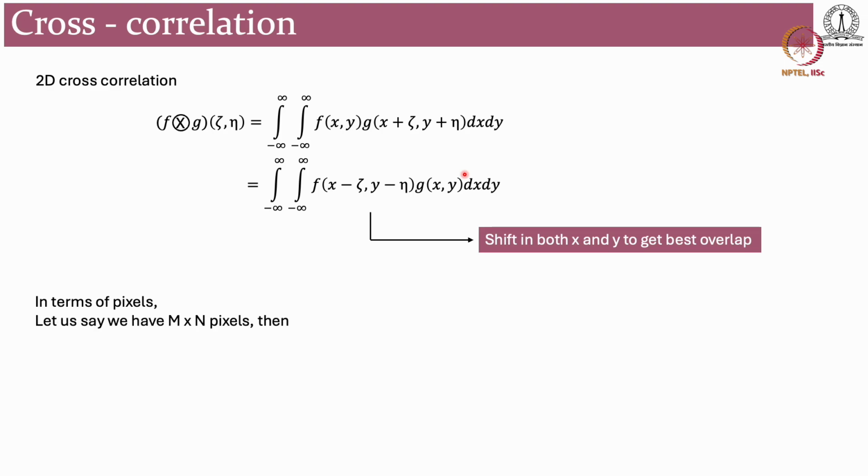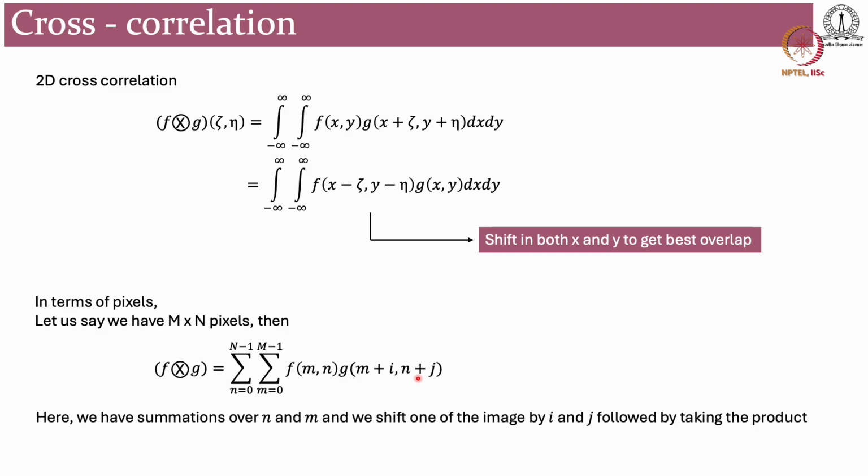Now in terms of pixels, if we have suppose m cross n pixels in an image, the same formula can be written as f and g cross correlating, and we write it with summation signs instead of integrals, with n equal to 0 to capital N minus 1 and m equal to 0 to M minus 1. You write it as f of m and n, g of m plus i and n plus j.